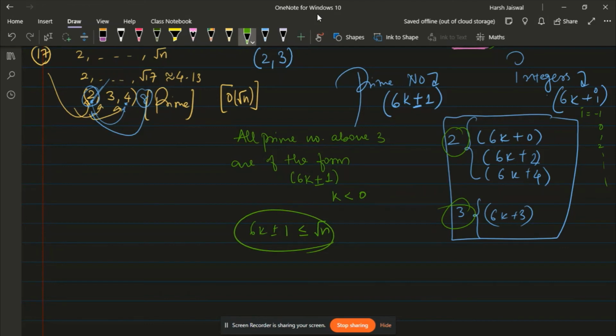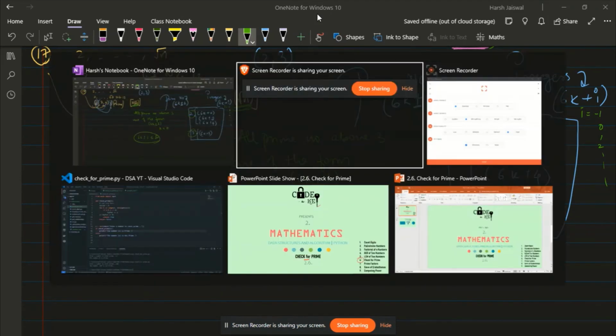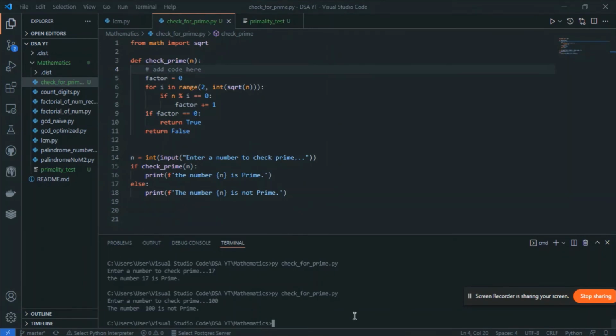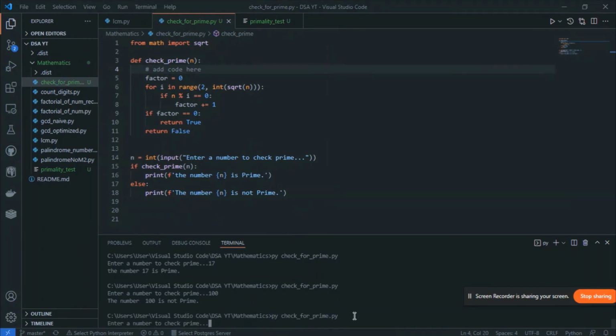And this particular algorithm is 3 times faster than the previous root n method. One thing I'd like to add in this program is a base condition: what if the user enters 1?